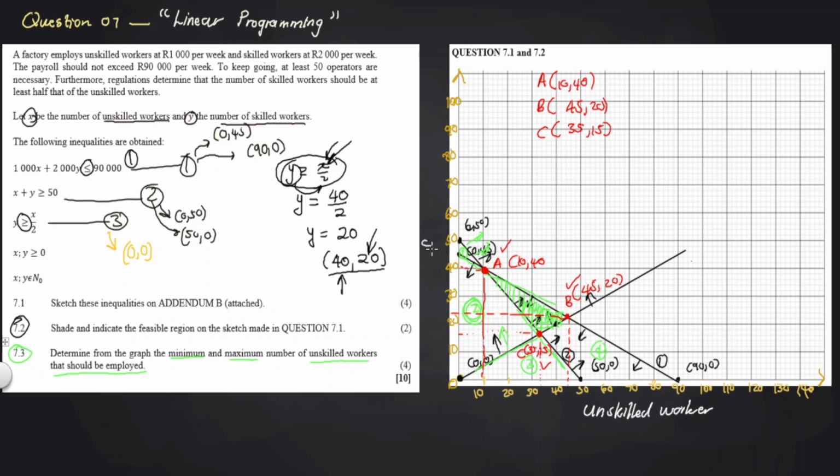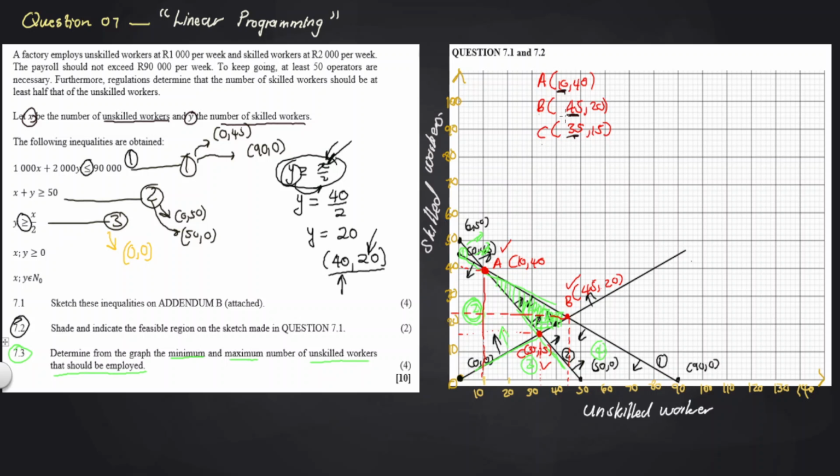So for all x values: for A it's 10, for B it's 45, for C it's 35.